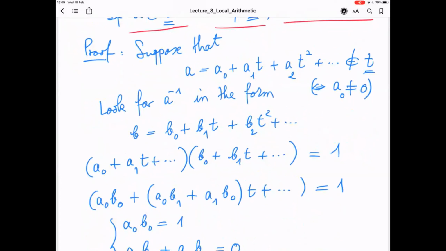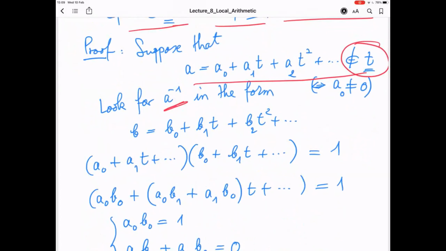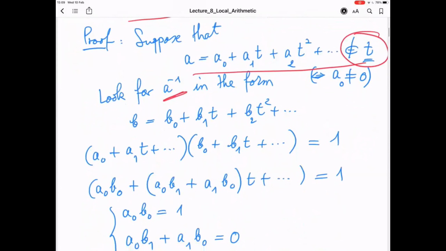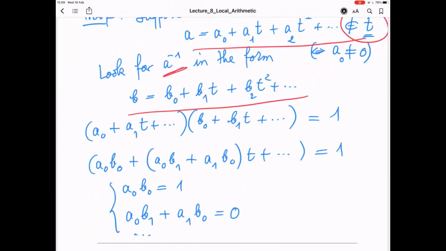So take an element A, every element will look like this, and I'm assuming that it's not in the ideal generated by the indeterminate t. And I want to show that it's invertible. So I have to look for an A inverse. This A inverse is also an element of this ring, so I'm looking for an element of this kind.